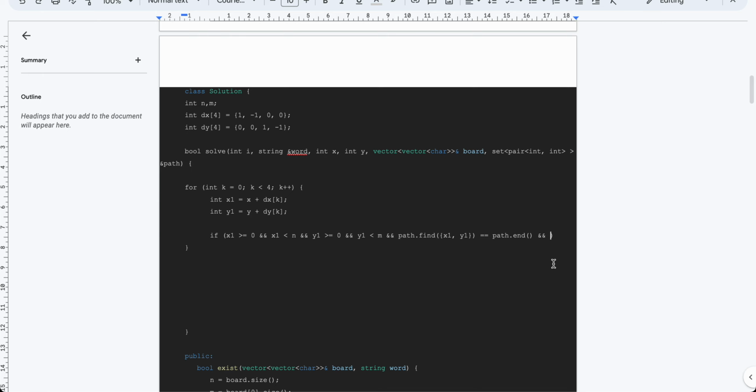what, the characters should match, right? So the word at i plus 1. From i I will be going to i plus 1. It should be equal to the matrix, that means board of x1 y1, if this is correct.